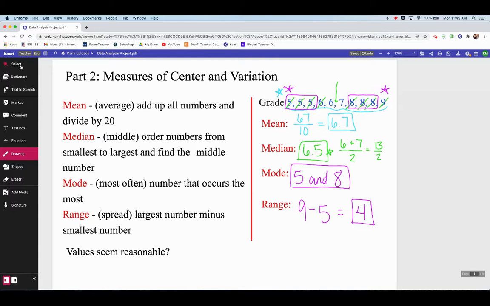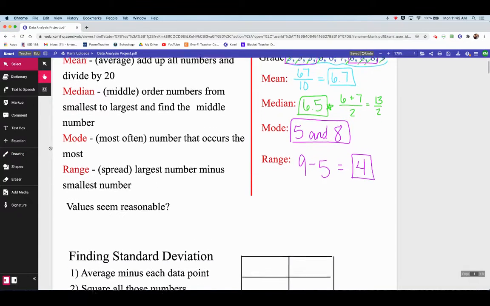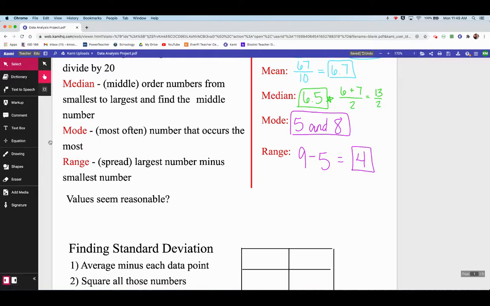You do have one question on here, and it says, do the values seem reasonable? What that is really asking you is, when you look at your age and you look at the grade, do they seem reasonable as they kind of match up?